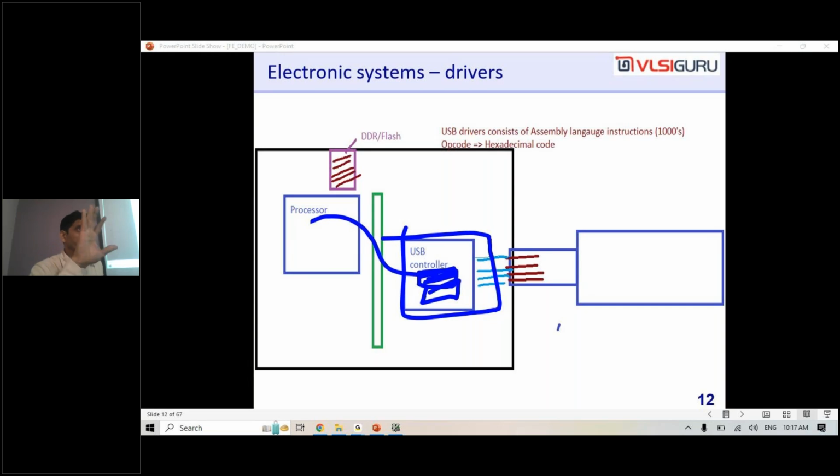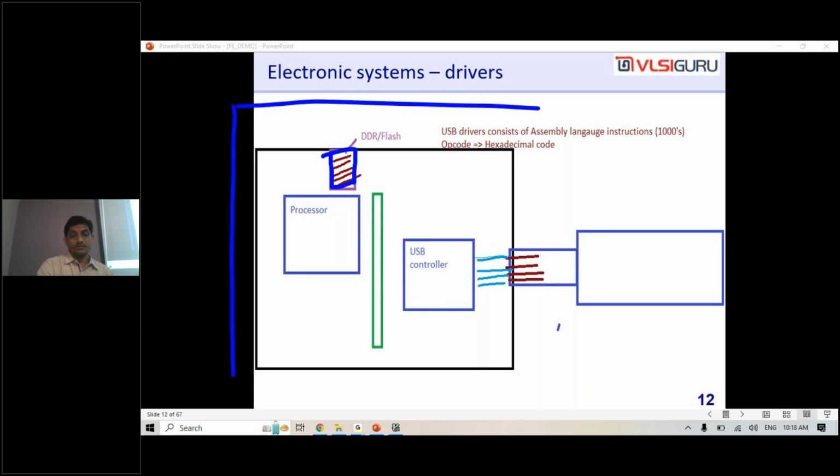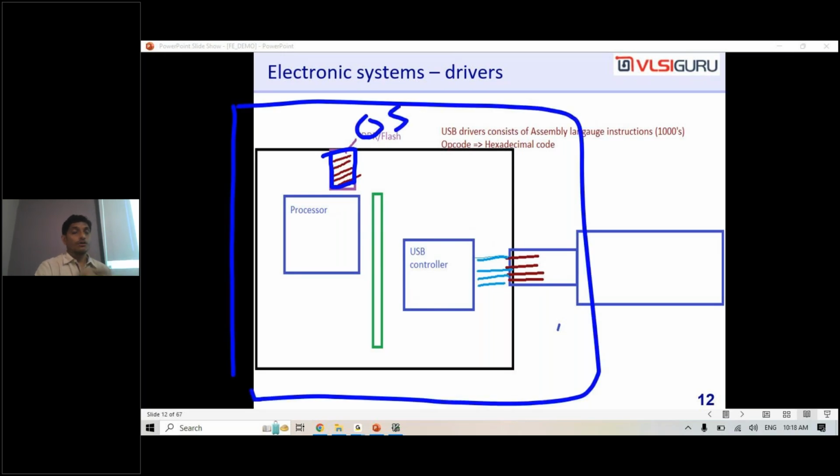Let me again explain this. What is this one? DDR memory or flash. On top of this, what do you have? Operating system. On top of the operating system, what do you have? Apps. Now, what did I do?